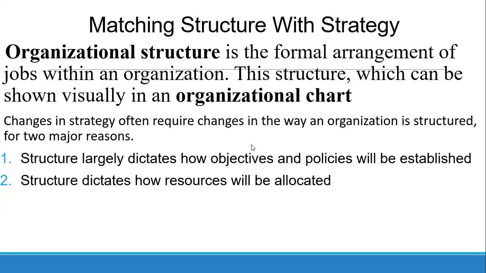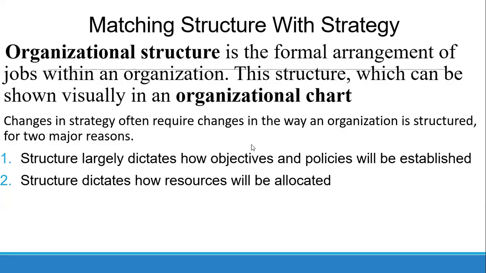So the chart shows the structure. So the chart will come first. Through the chart you can get the structure. Oh no, I'm talking about the structure and the strategy you are implementing. So which one should dictate the other?